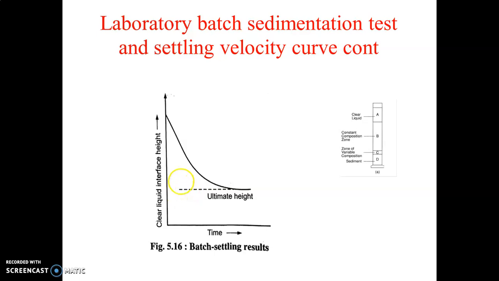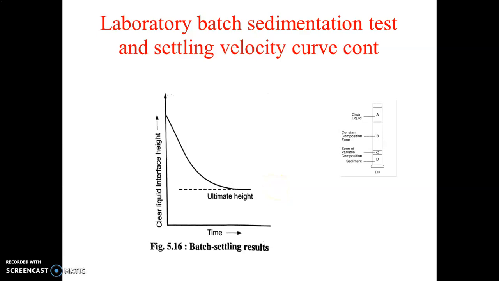During the early stage of the settling process, the rate of settling is constant, and then as time increases, the settling velocity decreases, and steadily it reaches the ultimate height. Then there is no further decrease in this height; it remains constant.